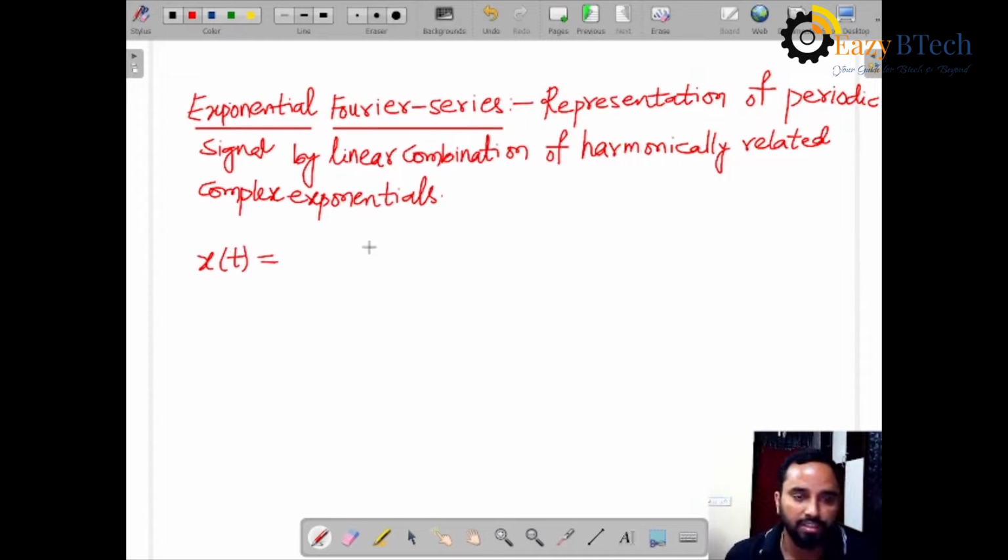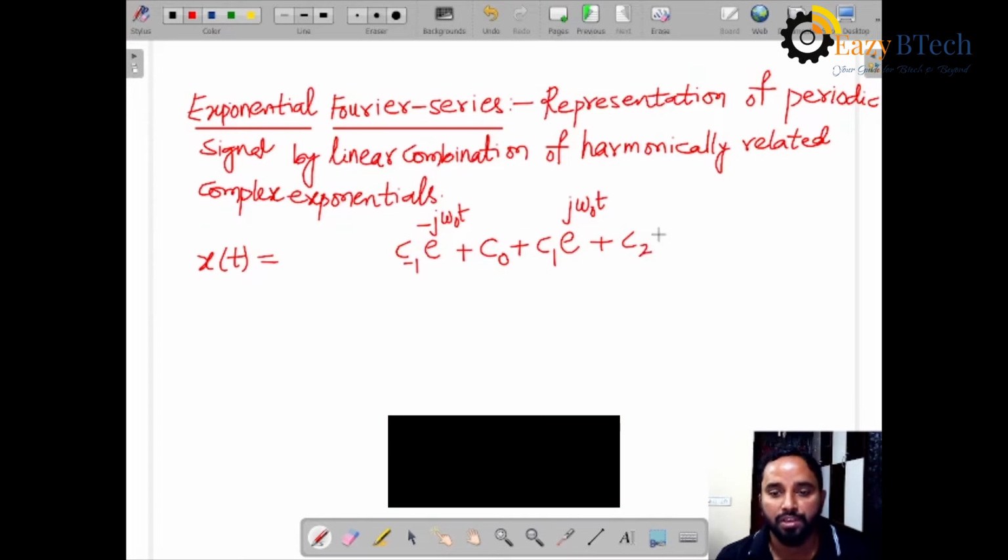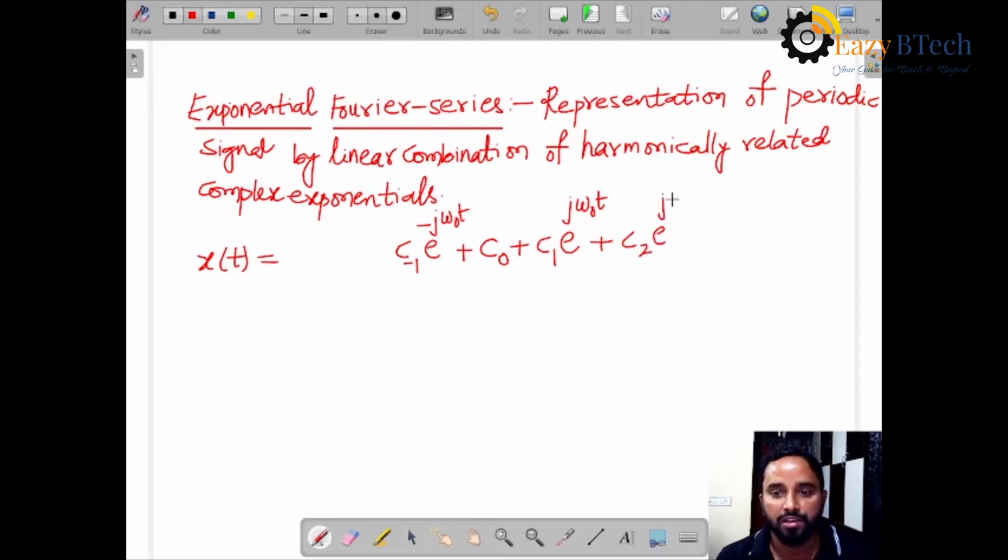So this x of t is written as c naught plus c1 into e to the power j omega naught t, and similarly c minus 1 e to the power minus j omega naught t, plus c2 e to the power j 2 omega naught t.